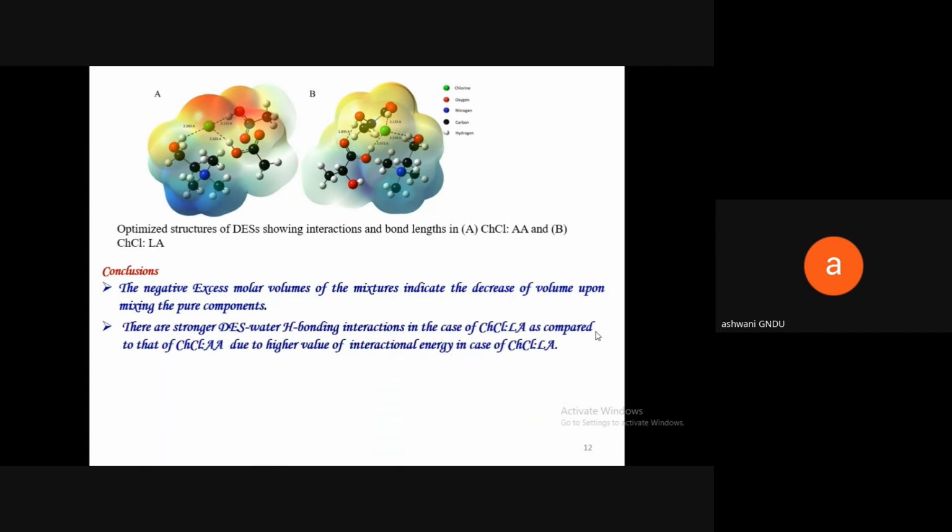There are stronger interactions in the case of choline chloride and glycerol as compared to that of choline chloride and amino acid, due to the higher value of interaction energy in the case of choline chloride. These studies have been published in the following journal.